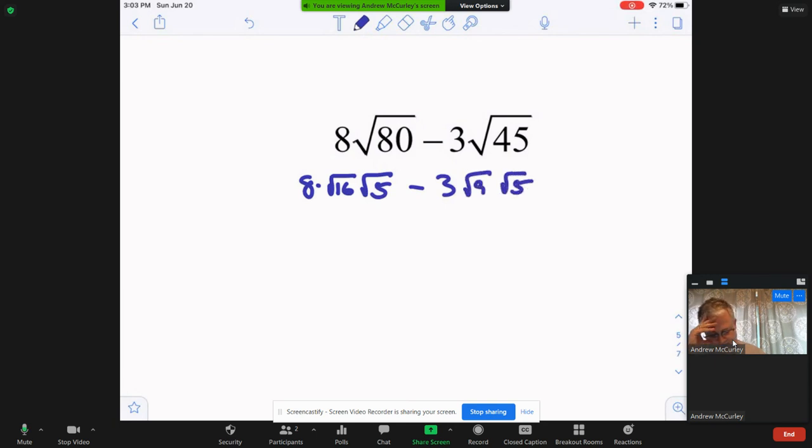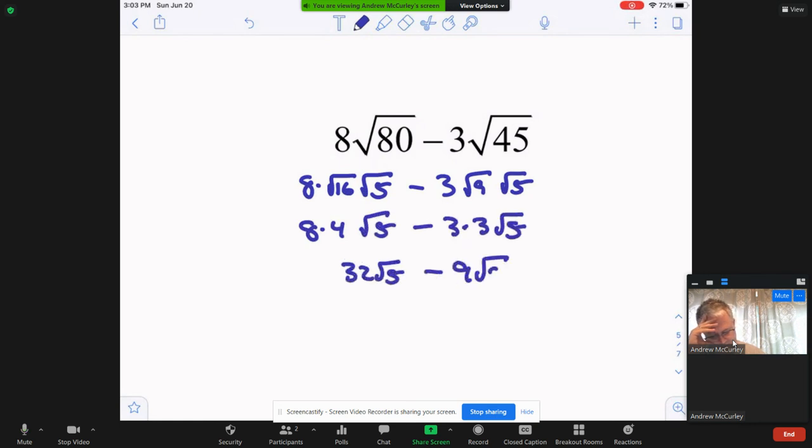So that's going to be 8 times 4, square root of 5, minus 3 times 3, root 5, 32 root 5, minus 9 root 5. That's going to be 23 root 5. All right.